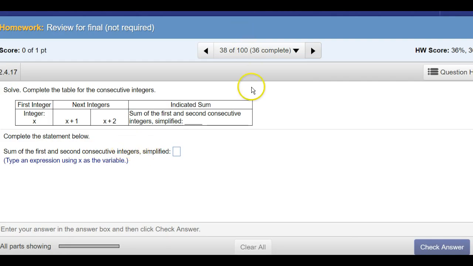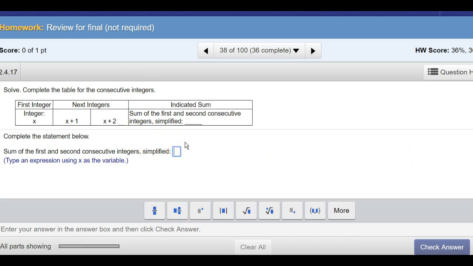Well, we'd have to add them. So our first one would be x plus 1. So remember, there are 1's in front of the x's, so this is 2x plus 1. So part of it is to read carefully and give them what they want. So 2x plus 1.